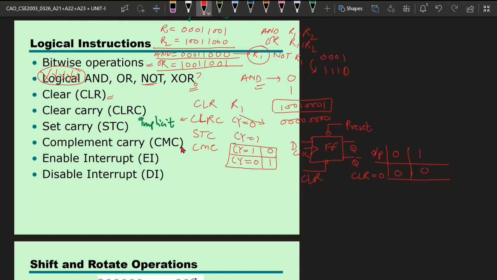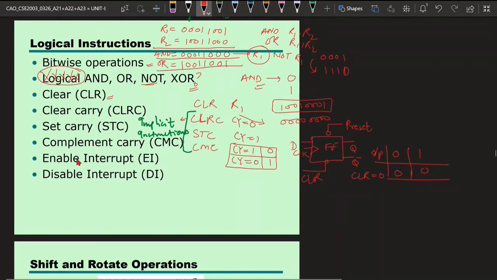So these three are called the implicit type of instructions. Implicit instructions mean there is no requirement of operand, or we can say operands are clearly defined inside the instruction itself. There is no need of operand from outside.